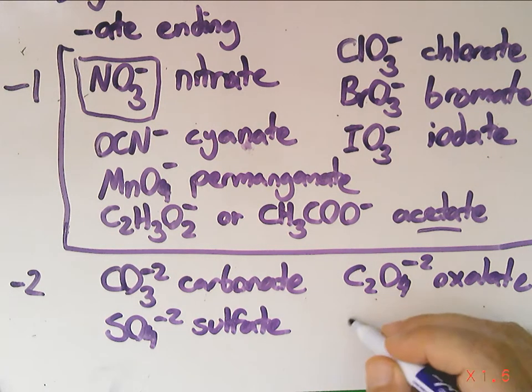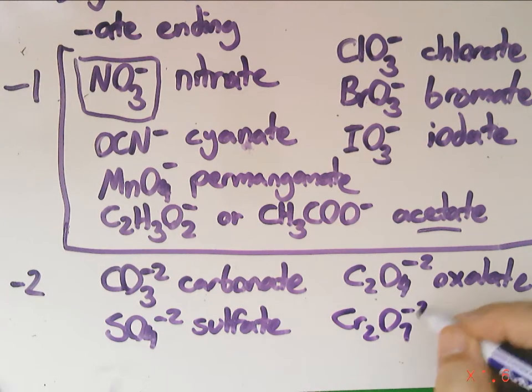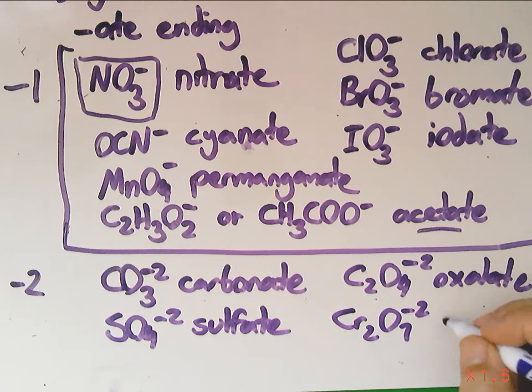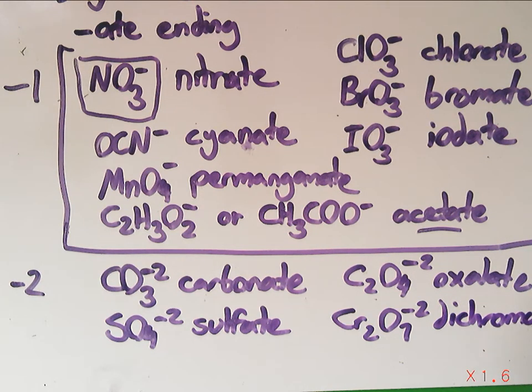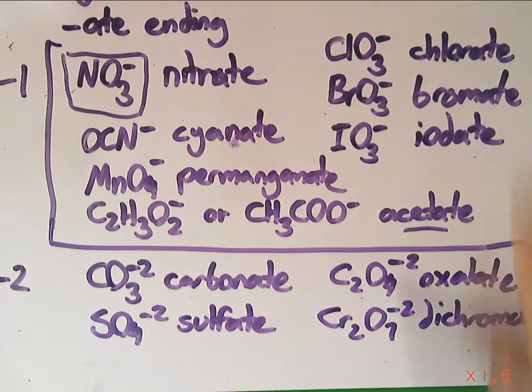Okay, and there's this weird one, which is kind of important in oxidation reduction reactions. It's dichromate, they call this. It's a common oxidizing agent that you use in a lot of analytical chemistry. So it is something you'll see again. So these are the -2 ions that we have here.